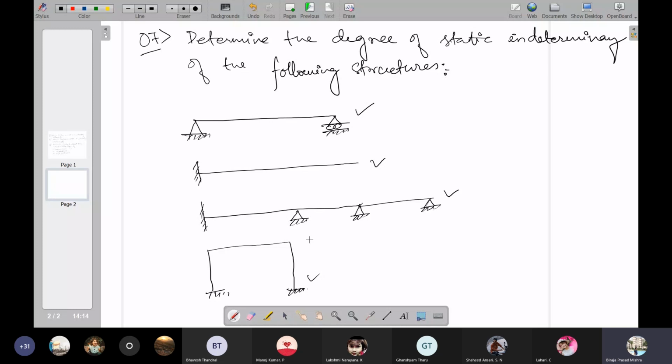Okay. Next structure can be like this. We have a frame over here. This is a roller joint, and this one is hinged. Another structure can be like this.